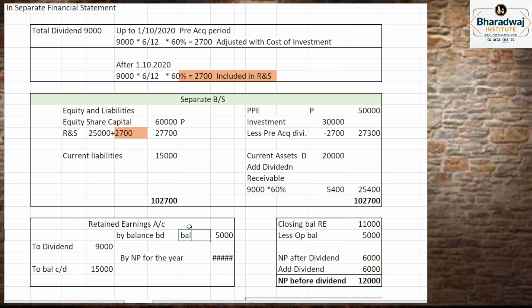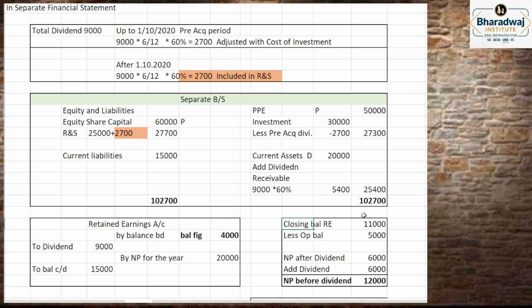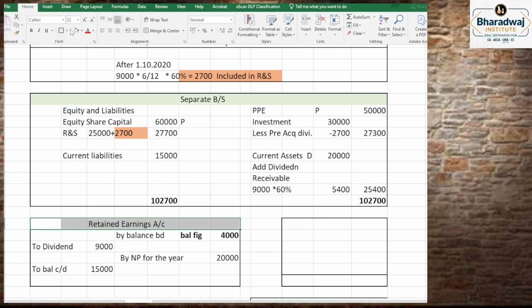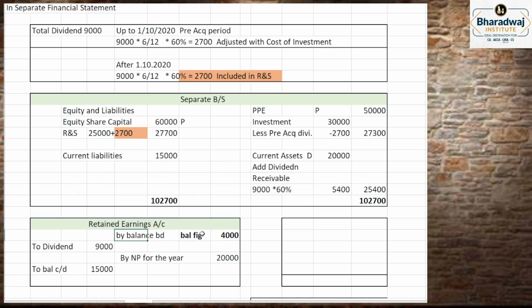So opening balance is the balancing figure. Net profit for the year is given in the question.